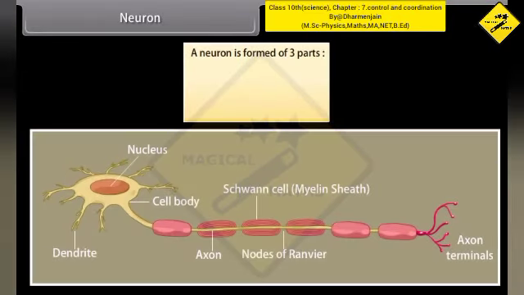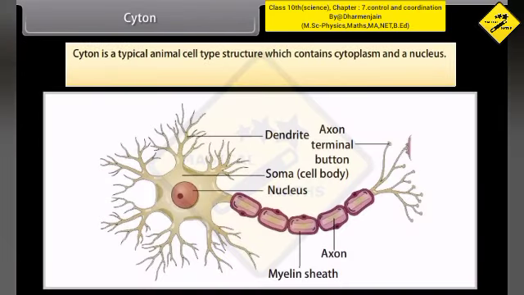A neuron is formed of three parts: cyton, dendrites, and axon. Cyton. Cyton is a typical animal cell type structure which contains cytoplasm and a nucleus. It is spherical in shape and about 4 to 135 μm.